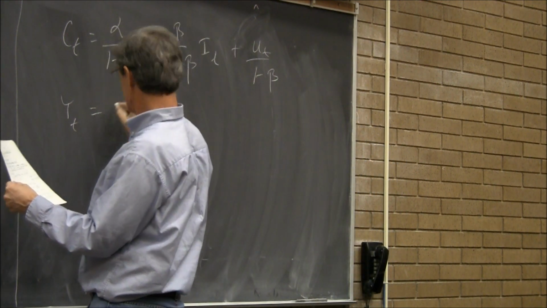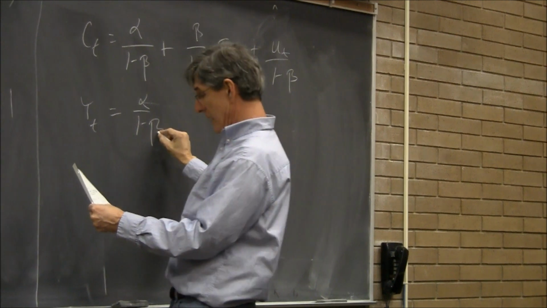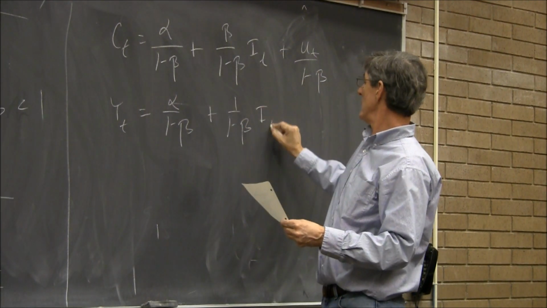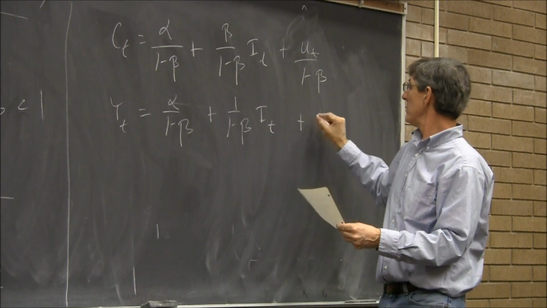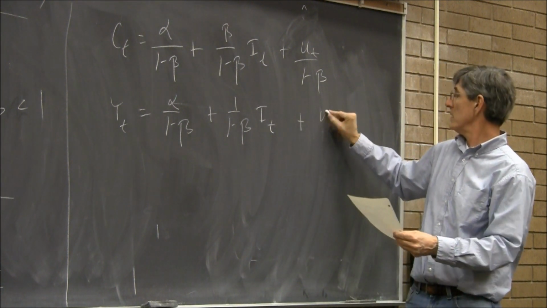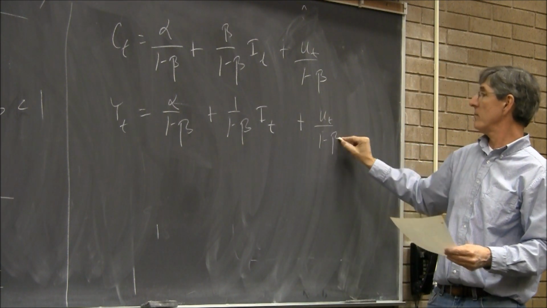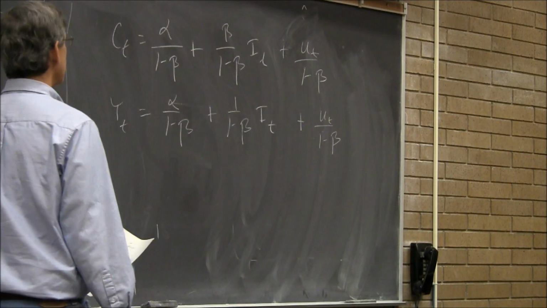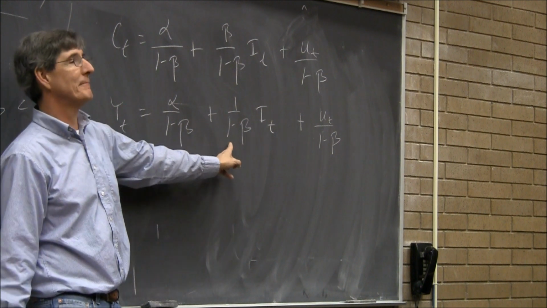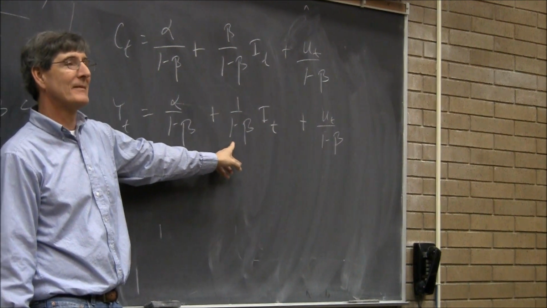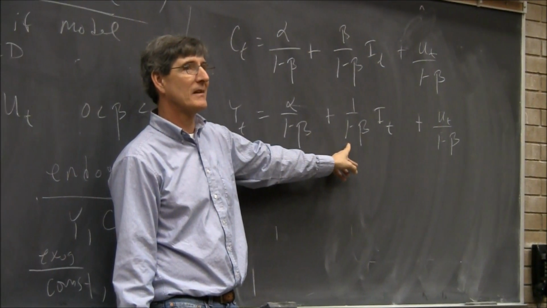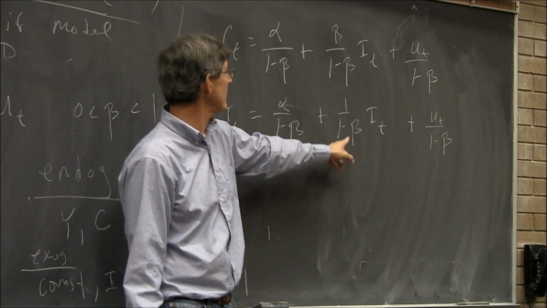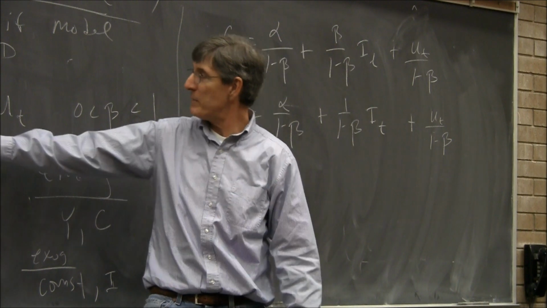Y_t is alpha over 1 minus beta plus 1 over 1 minus beta I_t plus u_t over 1 minus beta. What's that? It's a multiplier. 1 over 1 minus the MPC.